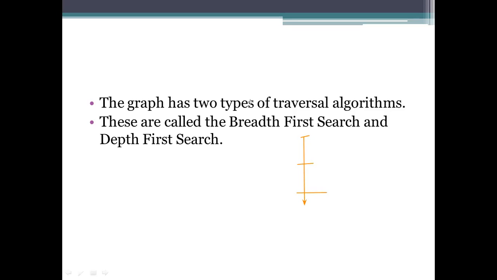How am I going to process in this breadth first search? First, I need to take the initial node. The initial node can be anyone, either A or 1 or anything.